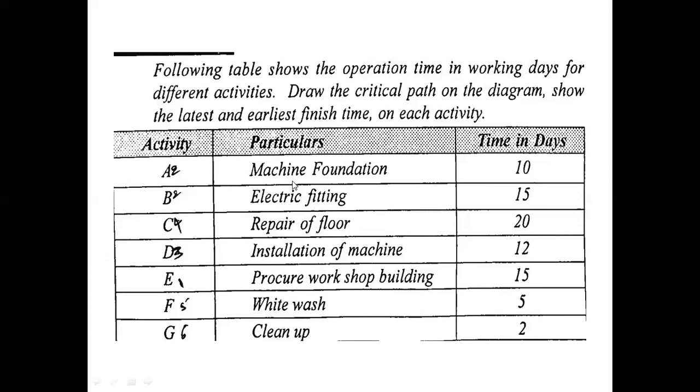So both can be done at a time. Simultaneously, machine foundation can be done and also electric fitting can be done at a time. Immediately after completion of E operation, that is procurement of workshop building, then we can go for machine foundation as well as electric fitting.